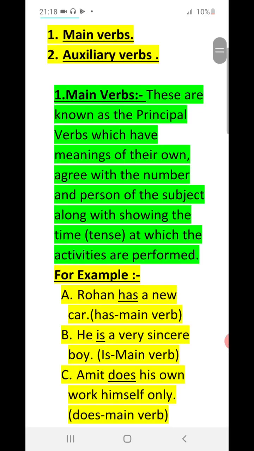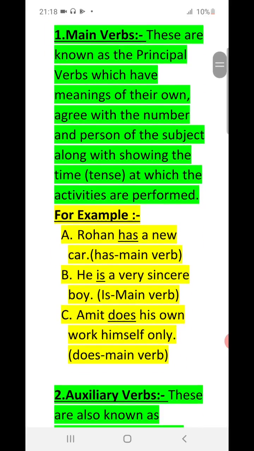For example, number A, Rohan has a new car. Here, has is acting as the main verb, as it does not have any supporting verb or supporting word to change its meaning.